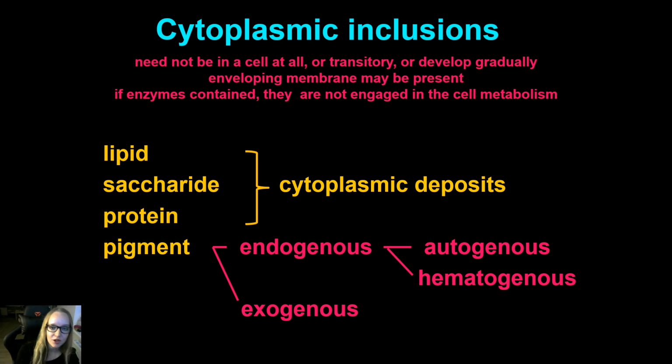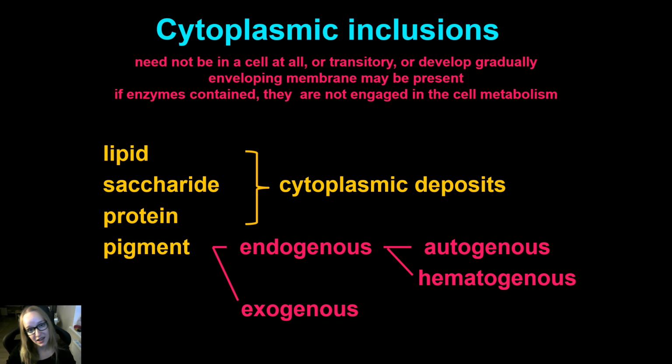And the last thing we are going to talk about is cytoplasmic inclusions. Cytoplasmic inclusions are very unstable structures. They are temporary, so they do not have to be in the cell at all.